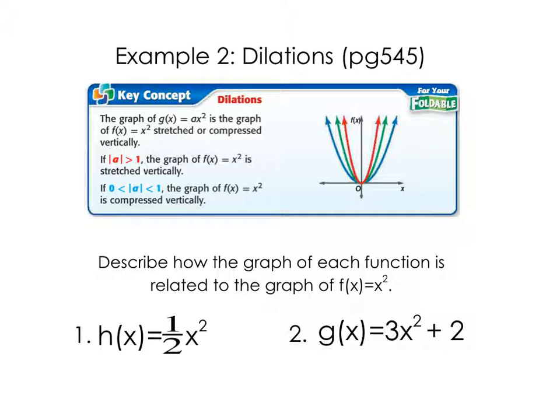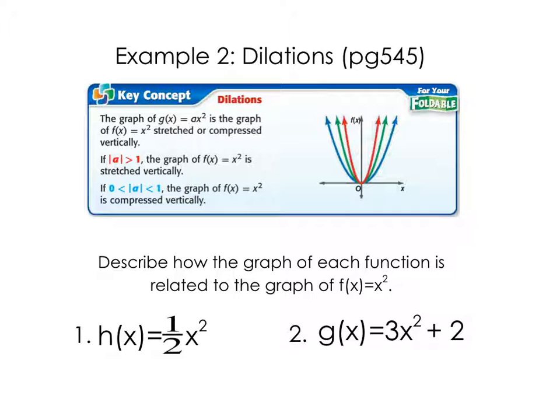Example 2, dilations. So a dilation means that the graph is going to either stretch or compress vertically. Again, stretched is another key word for if that parabola is getting, I like to call thinner, and compressed is the word to use for what I like to call getting wider. We know that we have dilations if there's a certain number in front of x squared.